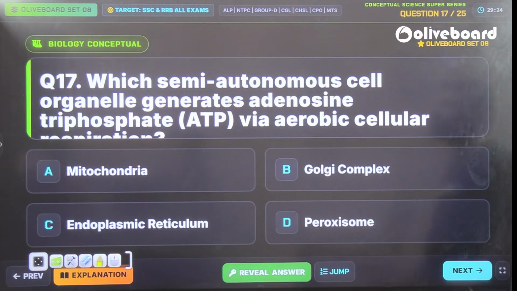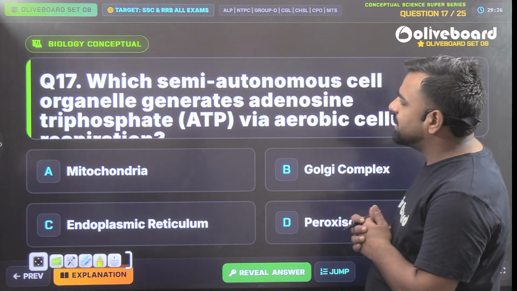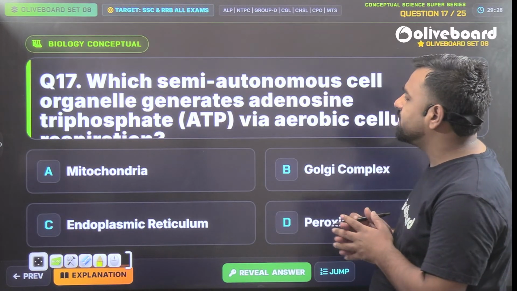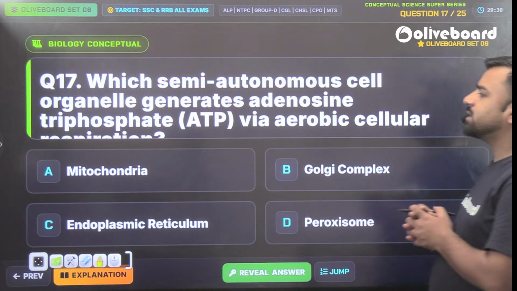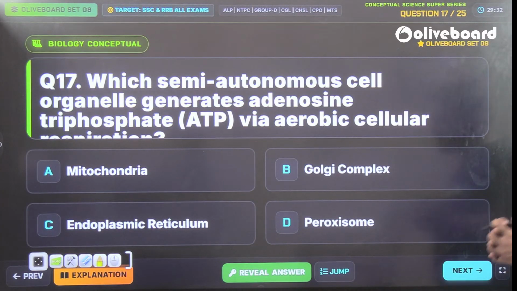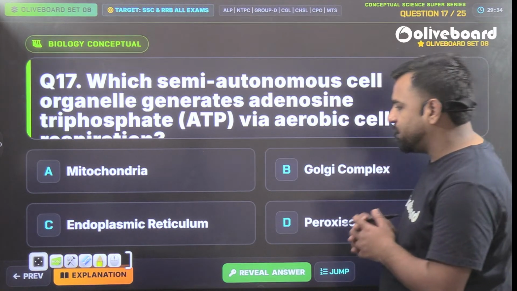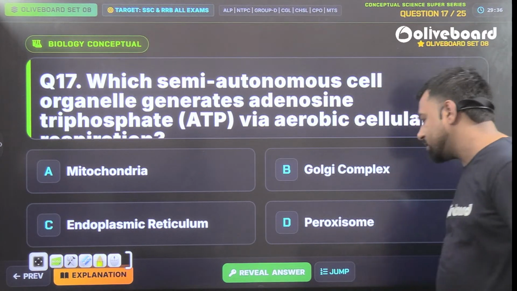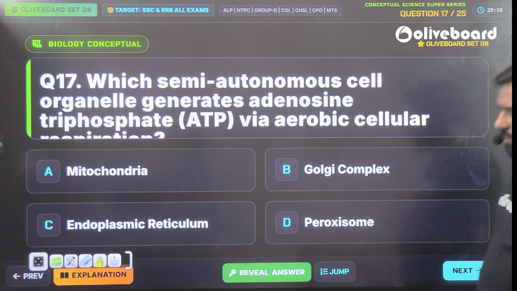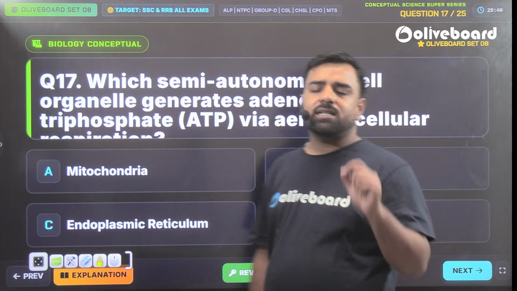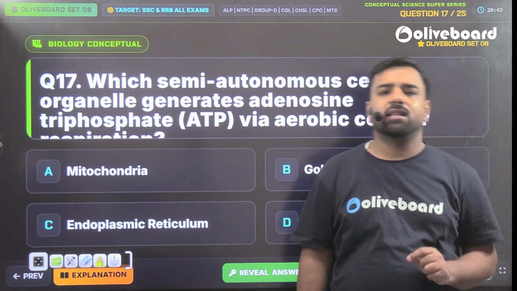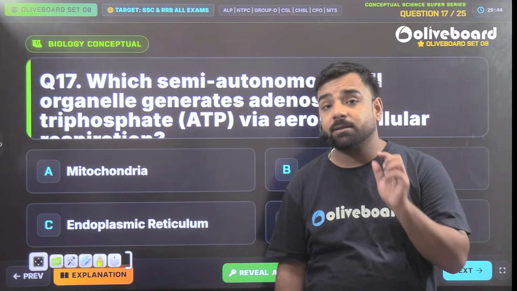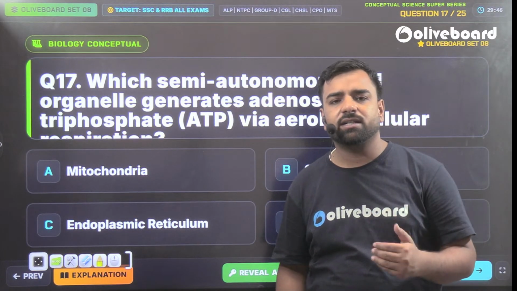The next question is, which semi-autonomous cell organelle generates adenosine triphosphate via aerobic cellular respiration? So is it mitochondria, Golgi complex, endoplasmic reticulum, or peroxisome? Energy currency in a cell. What is it? So mitochondria is the one that is producing this energy, but how?